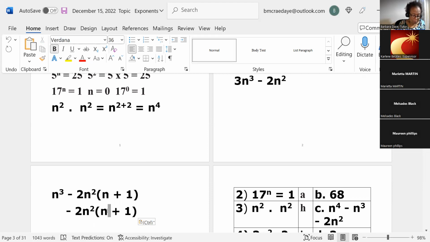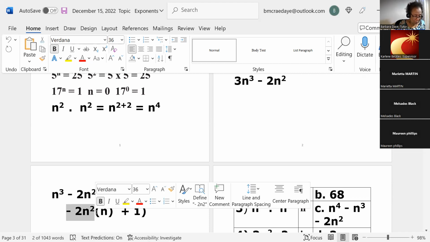So this would be times n. I'm breaking it up so you can multiply it. Now I want you to take the same minus 2n to the second and multiply it by 1.